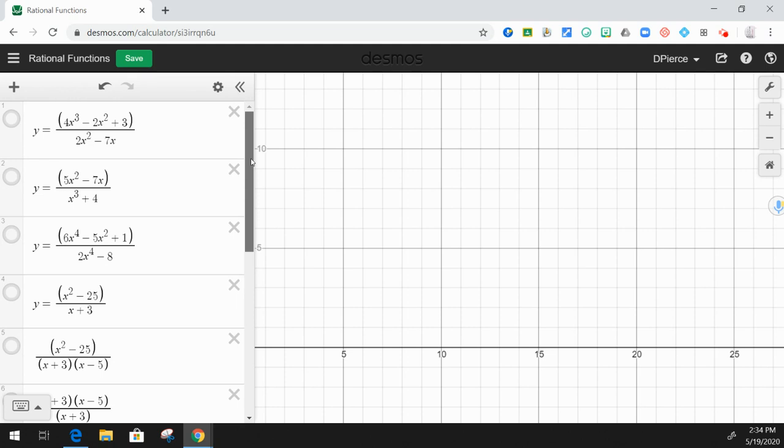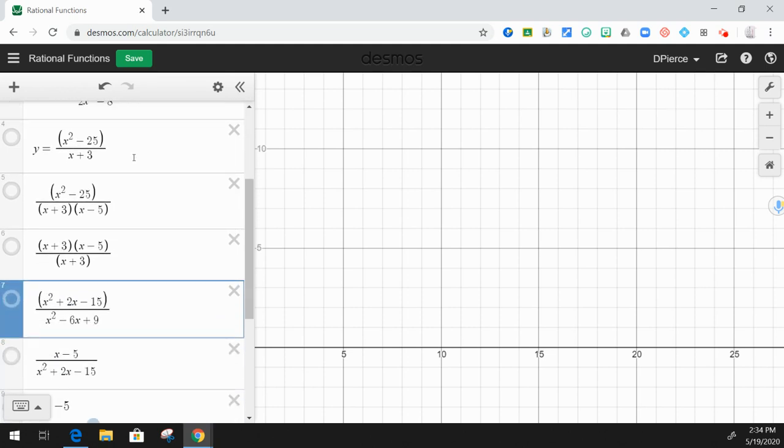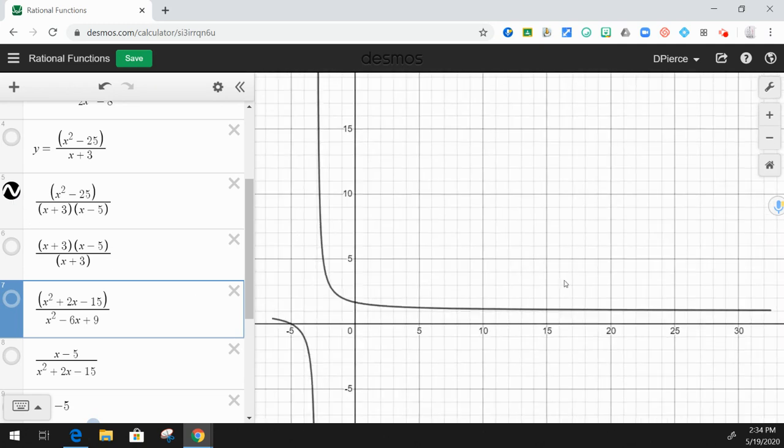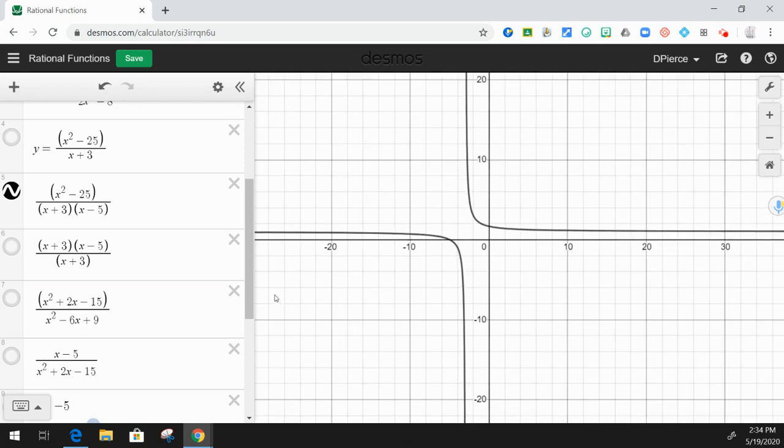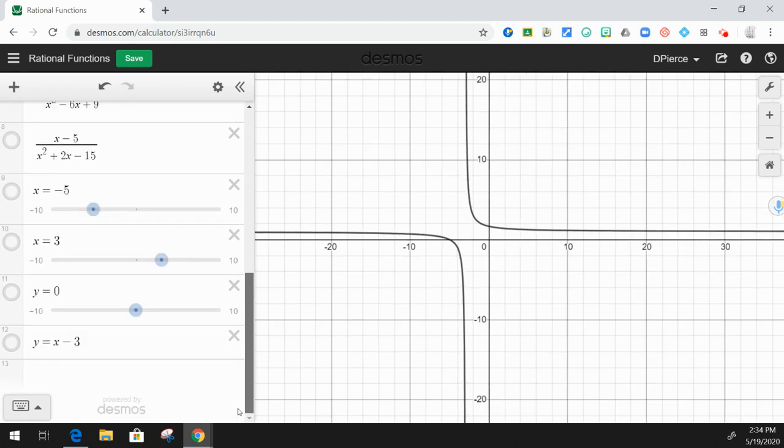And this graph is this one right here. If I go over to the graph here, and I also put in my vertical asymptote at x equals -3, so put a negative in there, and make that show up.